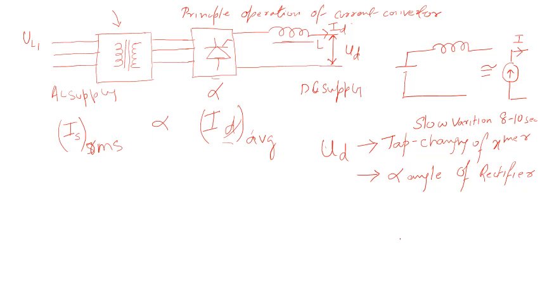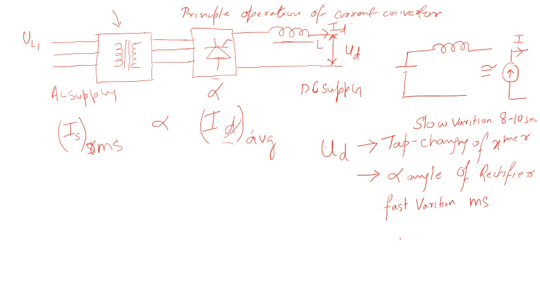But if we want to change the voltage in milliseconds, that is fast response or fast variation, we require alpha. So these two types of control exist because of the dependency on slow variation and fast variation.